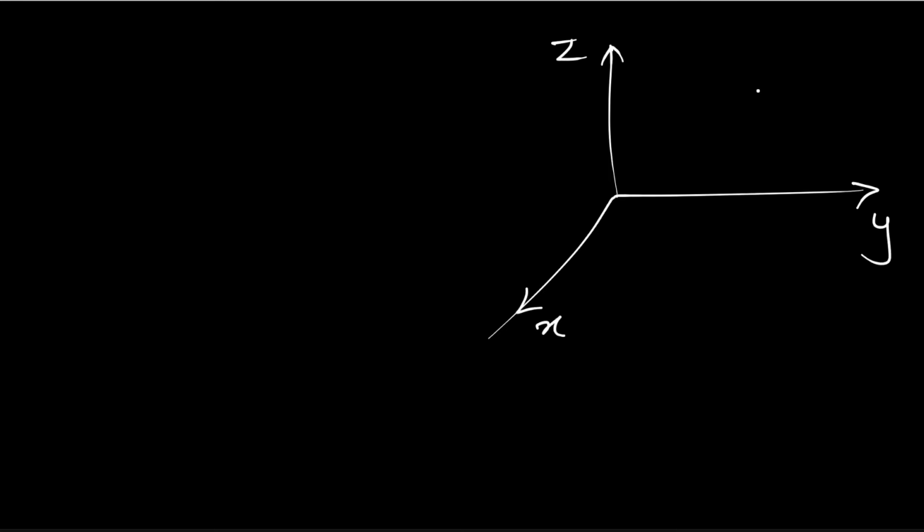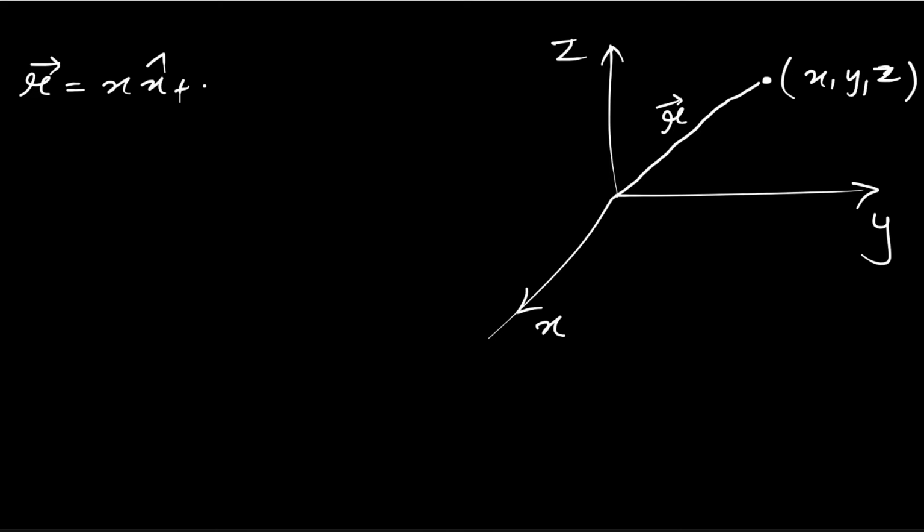Now the Cartesian coordinate. Let's suppose I take any point in free space, and this is the r distance from the origin, the r vector, and the position for this is x, y, z. Then the r vector is nothing but x times x cap plus y times y cap plus z times z cap. Let's suppose I want to find the unit vector first. What is a unit vector?